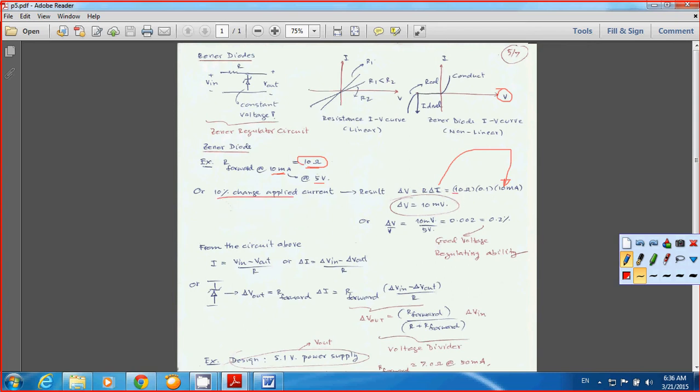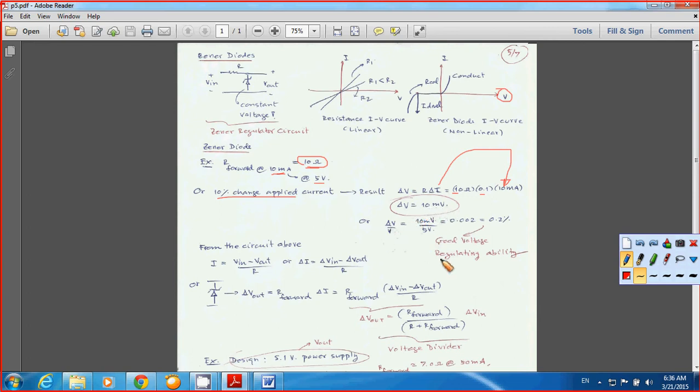And if you have a 10% change in applied current, you can find the percent change of the output voltage also. So 10% change gives you 0.1. You multiply 0.1 by 10 ohms and by 10 milliamp. That gives you delta V equal to 10 millivolt. You can see that it doesn't change a lot, only 10 millivolt.